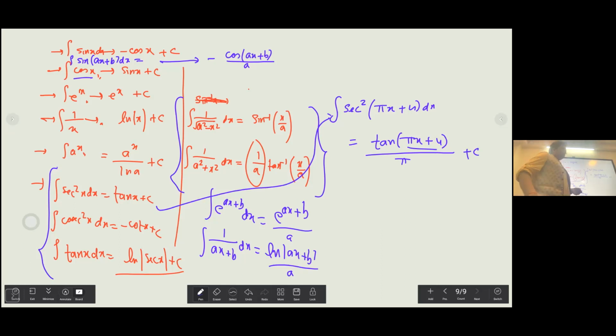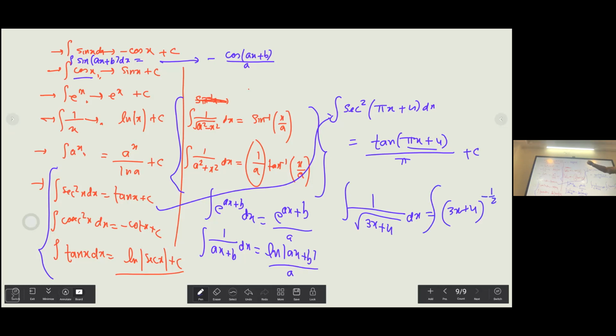Similarly, if you are applying the power function, for example, integration of root of 3x plus 4 dx, basically it is 3x plus 4 to the power of half.